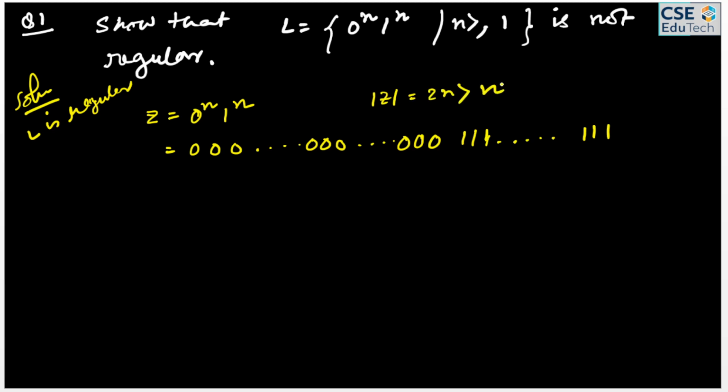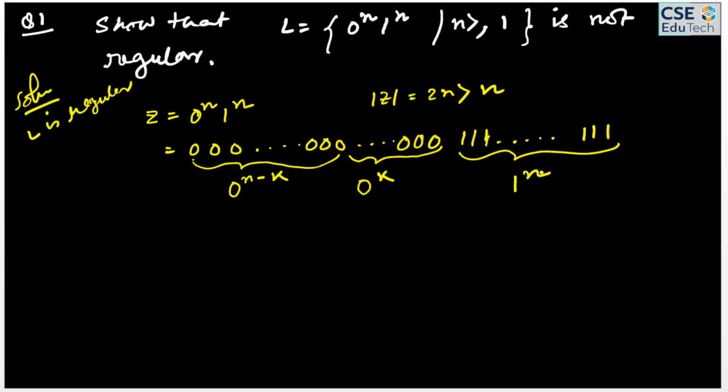Now we can partition Z in such a way that from the 0 part, we partition the string as 0 to the power n minus k, then 0 to the power k, and then 1 to the power n.